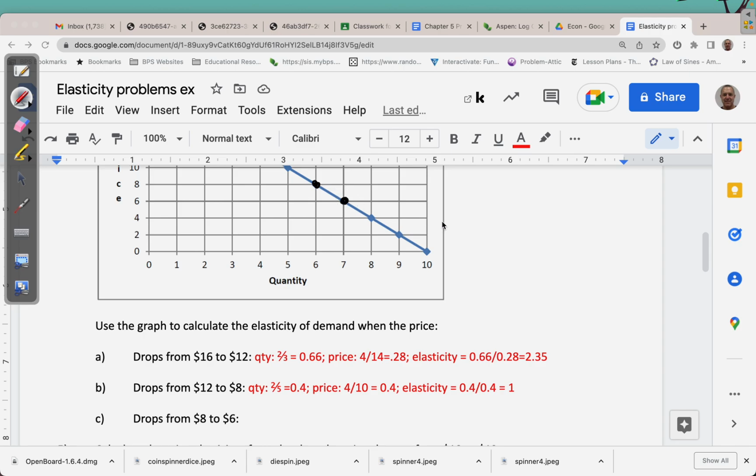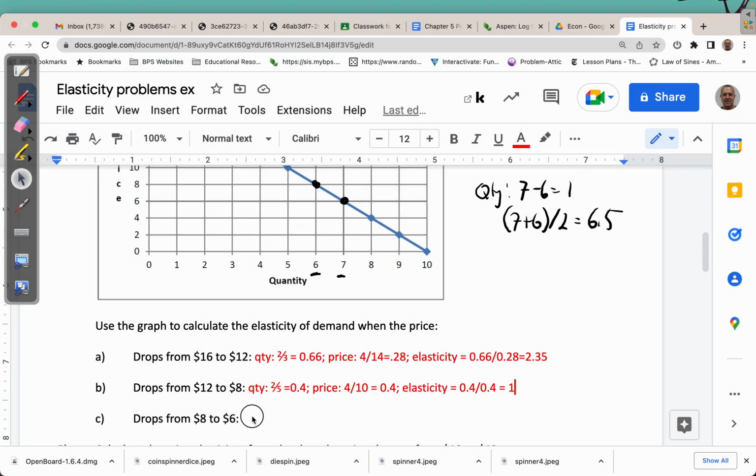All right, so quantity changes from 6 to 7. 7 minus 6 is 1. The average of 7 and 6, 7 plus 6 divided by 2 is 6.5. So we're going to go down here. What happens with quantity?